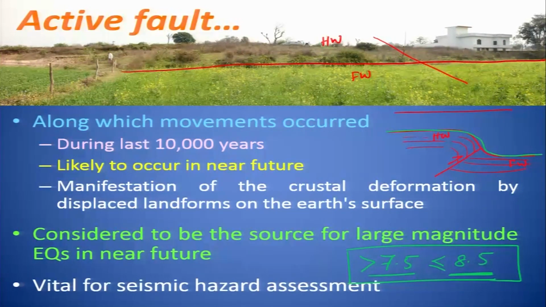As I was saying, this is very important for hazard assessment. Mainly this plays an important role as one of the parameters in the seismic hazard assessment of any tectonically active or seismically active region.